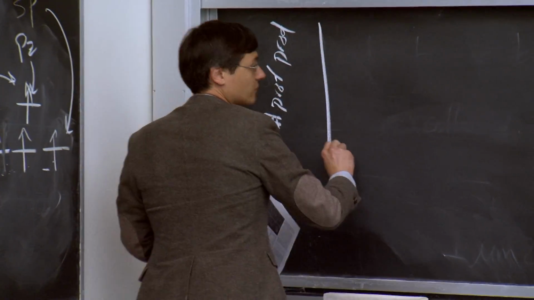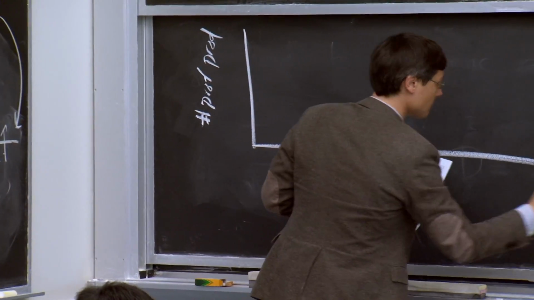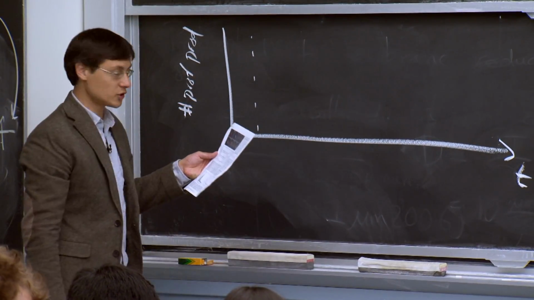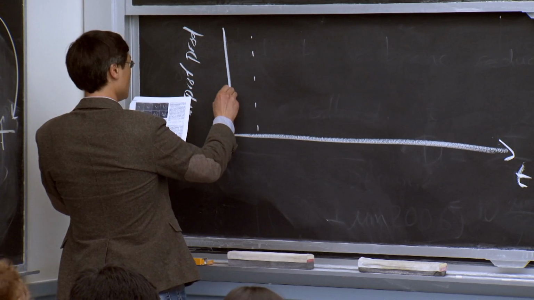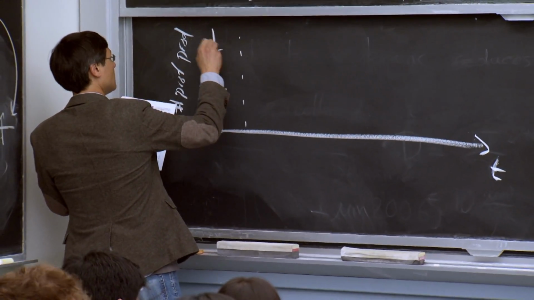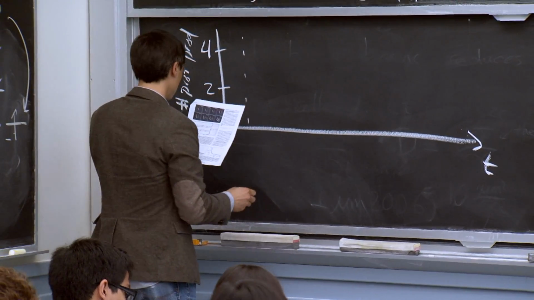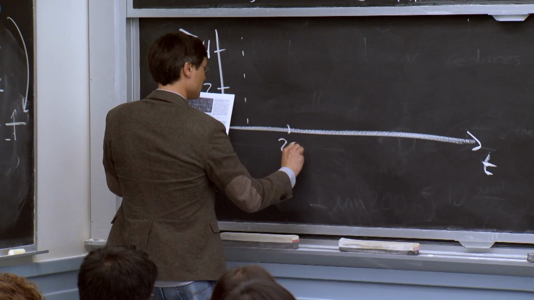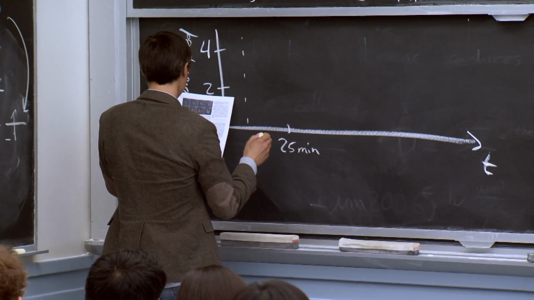Okay? It's a function of time. And they have these things that this was a cell division event. And here they say we have 2, 4. And here at 25 minutes, we have this thing here.